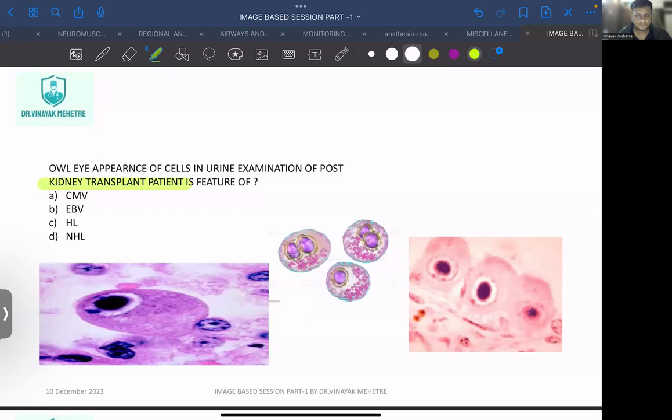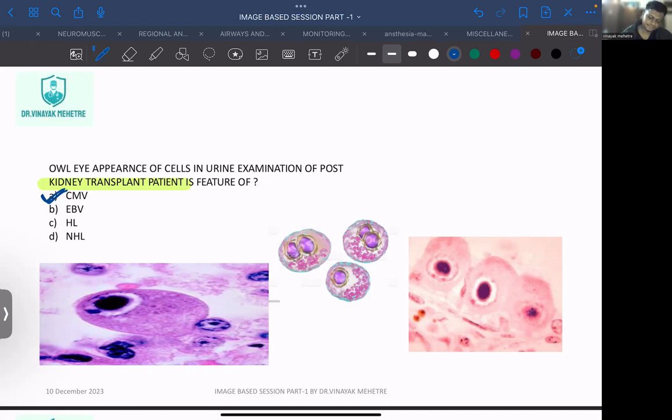Okay, wrong. ठीक है, just no need to think which image is given below. If it is written kidney transplant patient, answer is always going to stay CMV. ठीक है, बात समझ आ गई? Answer is always going to stay CMV. Okay, चल. Now I will tell you how to identify an outline.